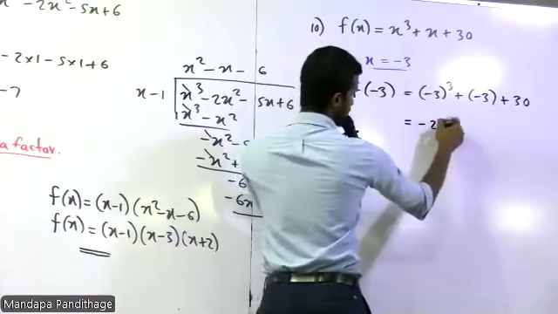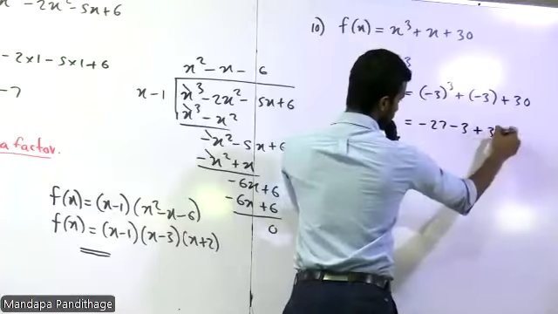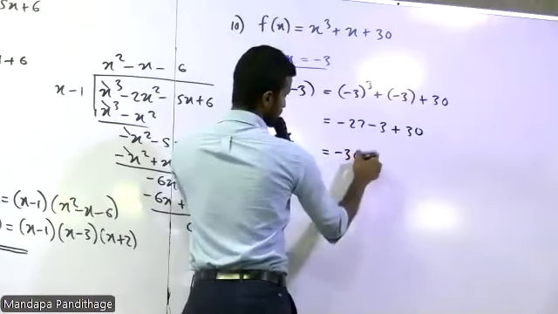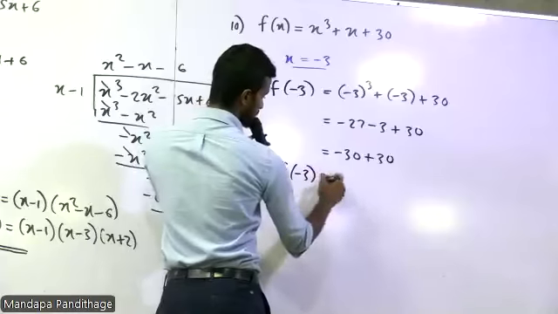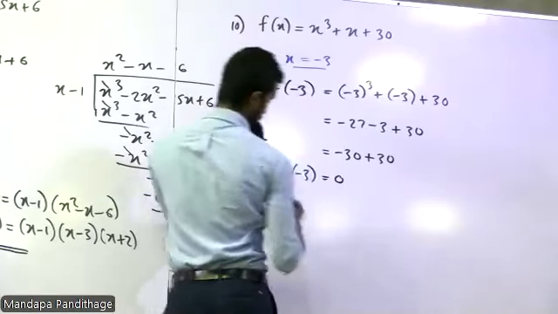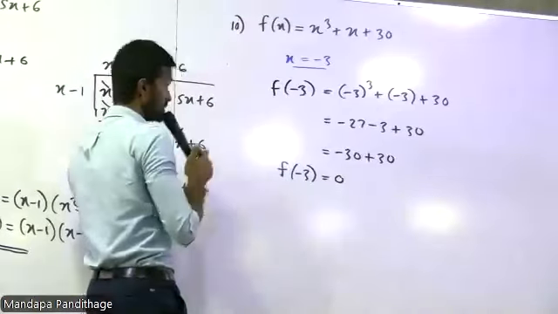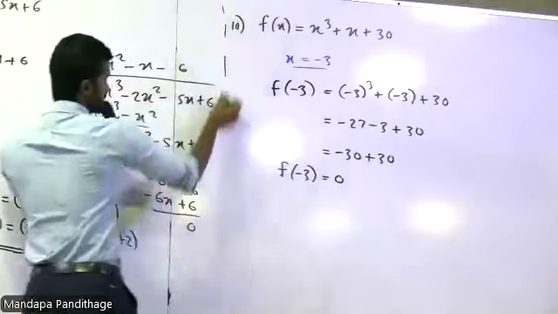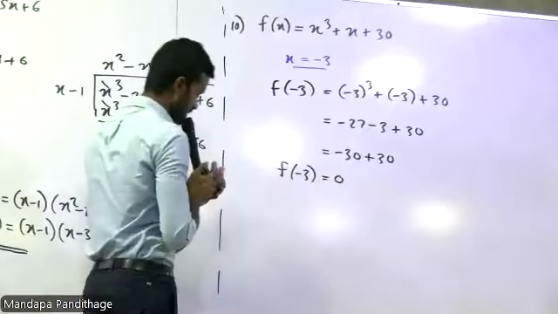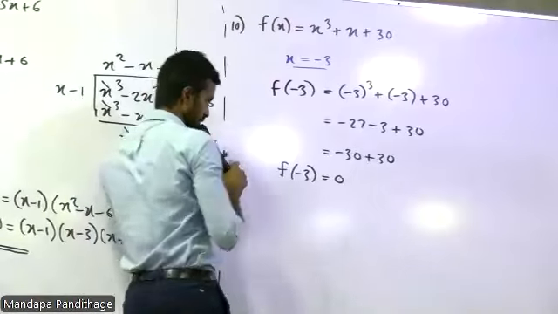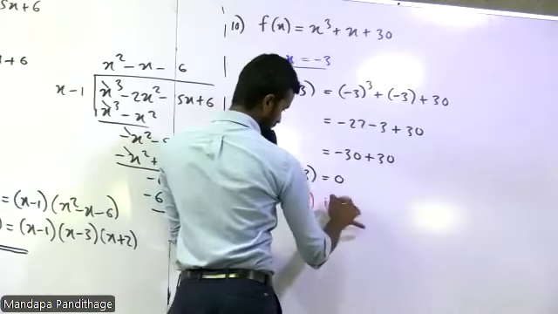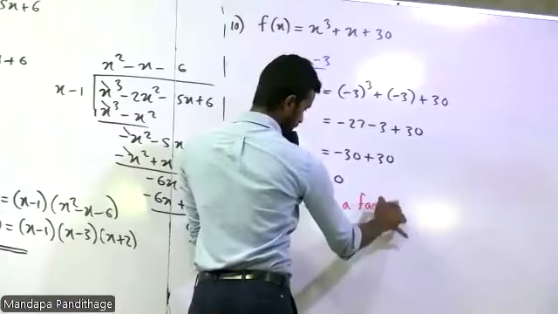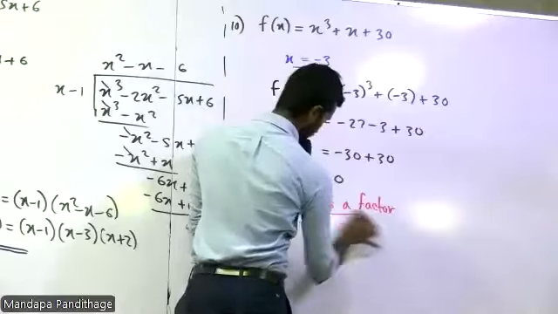Minus 3 cube is minus 27, minus 3, so it's minus 30 plus 30. I get f(minus 3) is equal to 0. If f(minus 3) is equal to 0, you can say that x plus 3 is a factor.